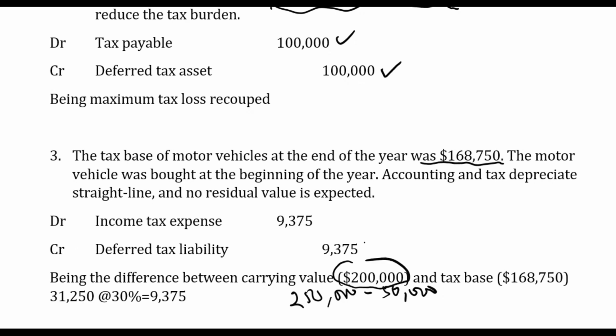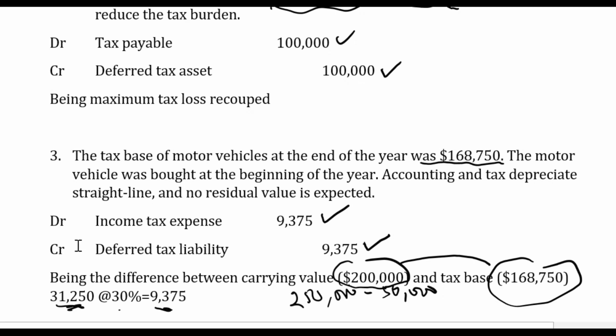And the tax base is 168,750. So the carrying value is higher than the tax base. So there's a taxable difference between the two, and applying the tax rate, there's deferred tax liability, we credit 9,375, and we debit income tax expense 9,375.